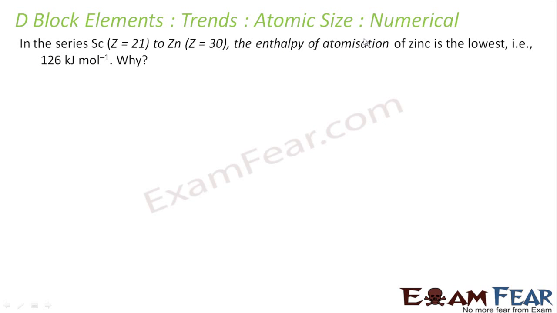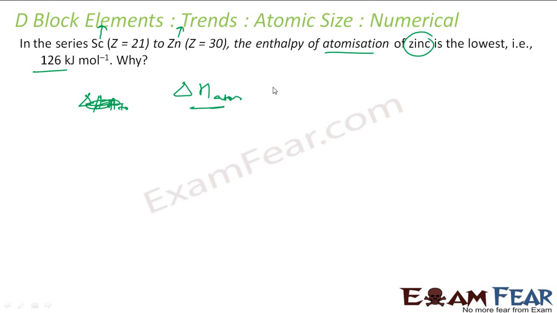Okay. The next question is, in the series scandium to zinc, the enthalpy of atomization of zinc is lowest. Why? I told you this delta H value depends on what? The number of unpaired electrons, because these unpaired electrons form the metallic bond.